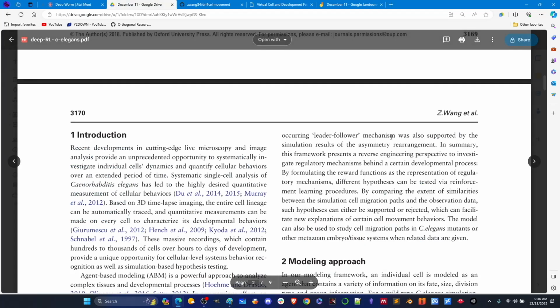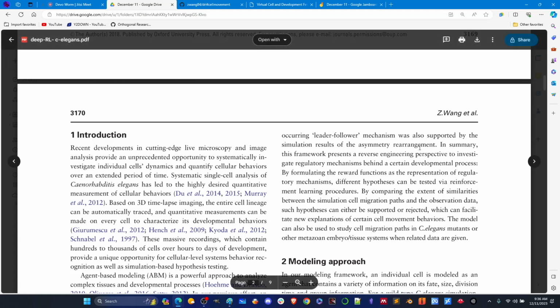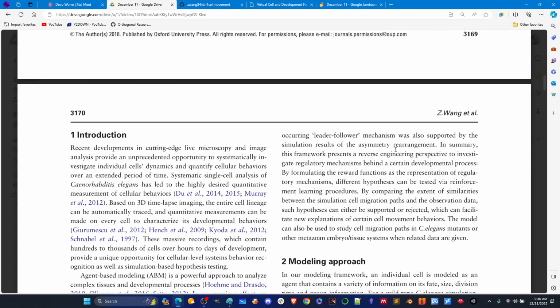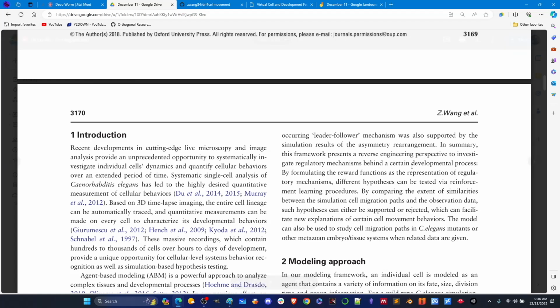So this is where you have this mechanism, leader-follower. That was also supported by the simulation results of the asymmetry rearrangement. So this is good that we have this sort of asymmetry rearrangement being based on this leader-follower mechanism. In summary, this framework presents a reverse engineering perspective to investigate regulatory mechanisms behind certain developmental processes.